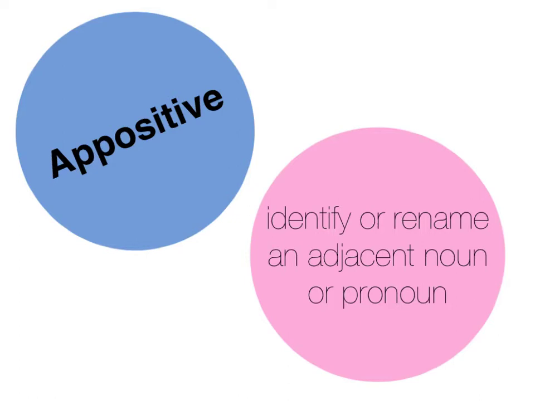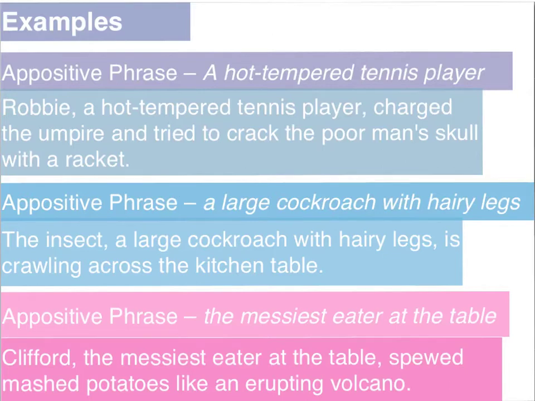Appositives identify or rename an adjacent noun or pronoun. Okay, so how does this work? Let's take a look at a couple of examples. So we can see the appositive standing alone: a hot-tempered tennis player, a large cockroach with hairy legs, the messiest eater at the table.